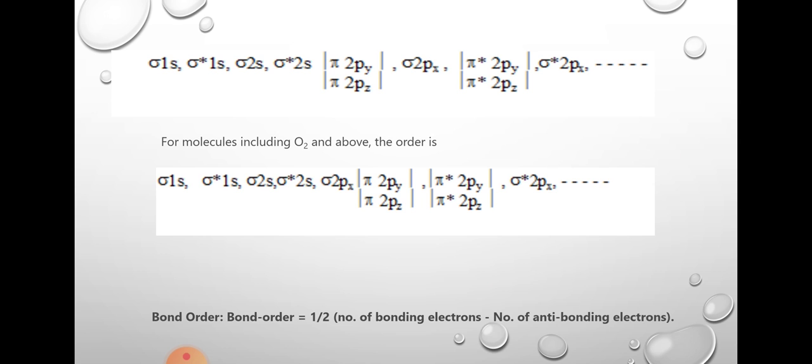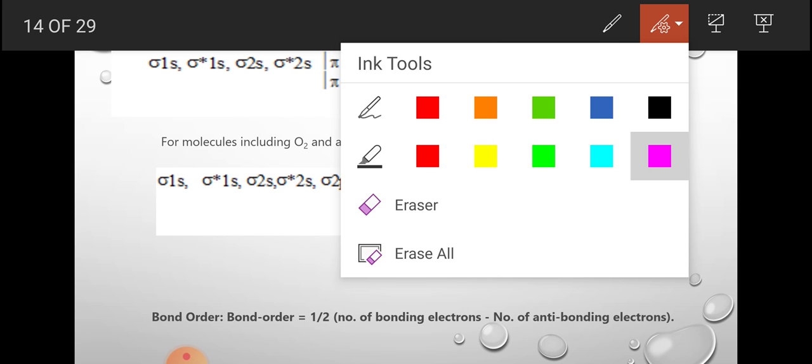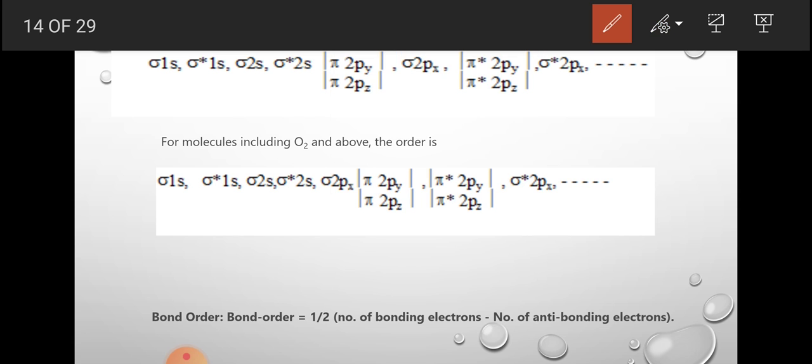And very important, one more thing you have to remember: if the molecule contains up to 14 electrons, this will be the sequence of filling the electrons. And as the 15th electron enters our system, we have to follow a different electronic configuration.